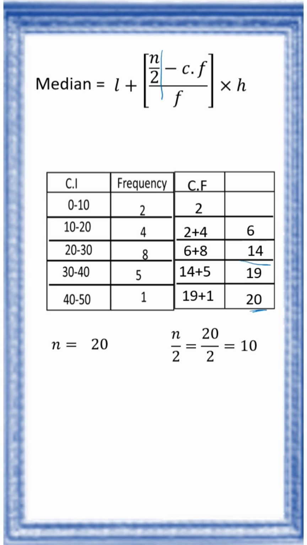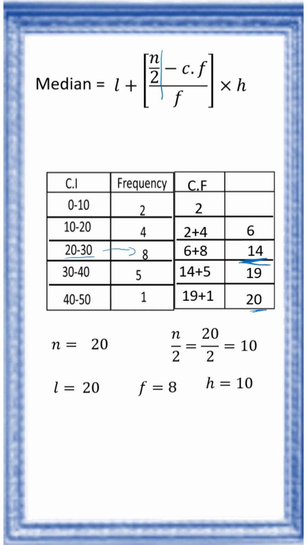It crosses 10 in the class 20 to 30. It is the median class. So L is 20. Frequency of the median class is 8.